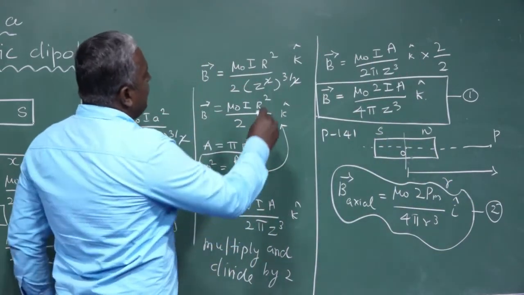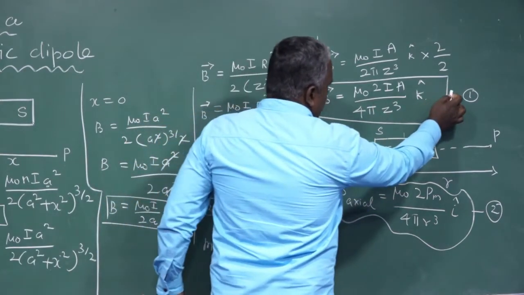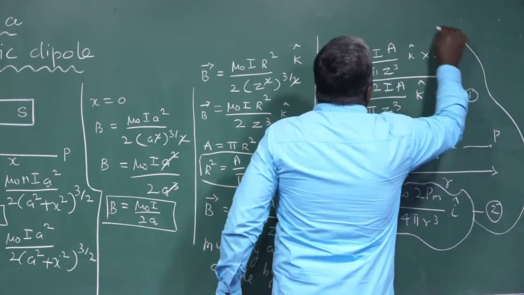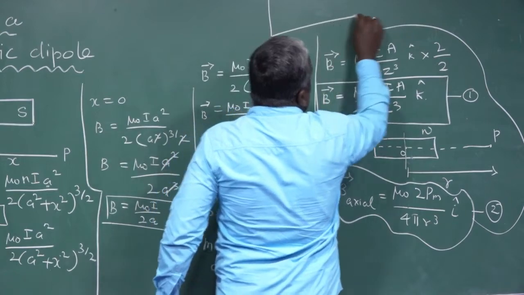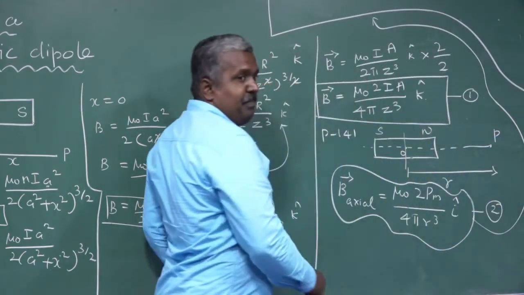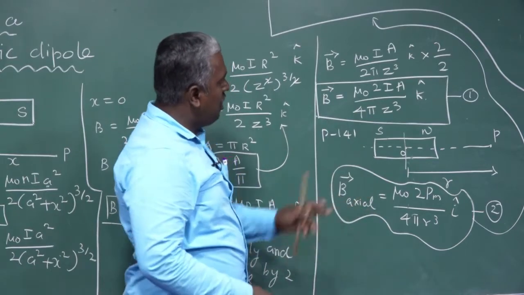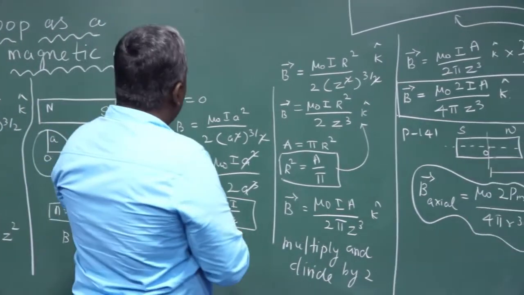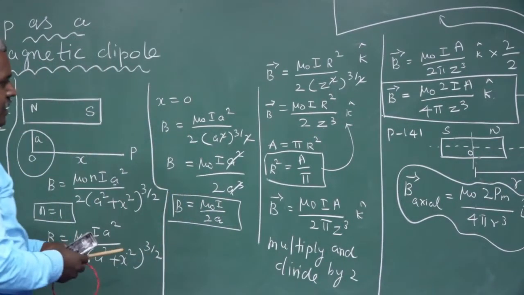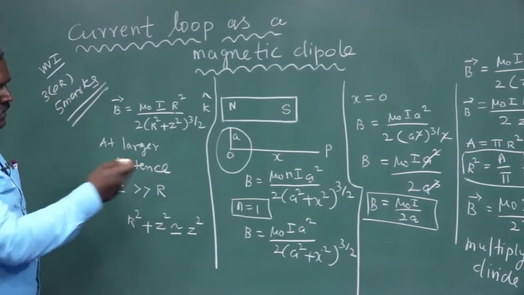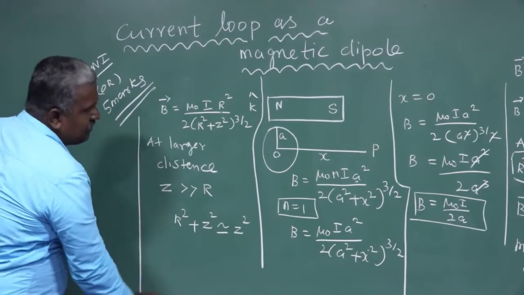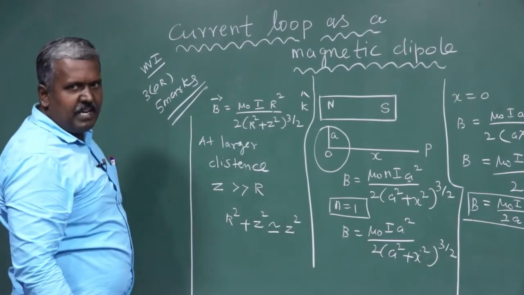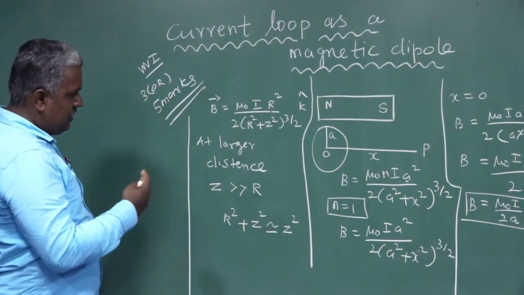So this is equation number 2. Then comparing equations 1 and 2, B vector and B axial.